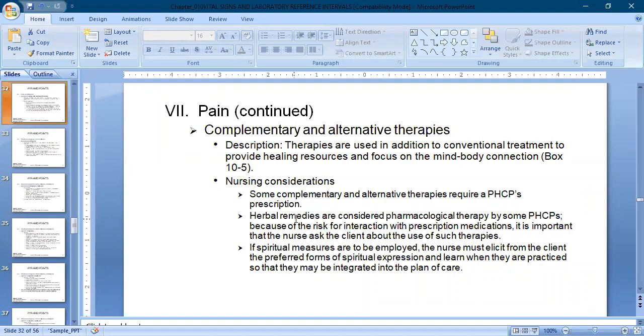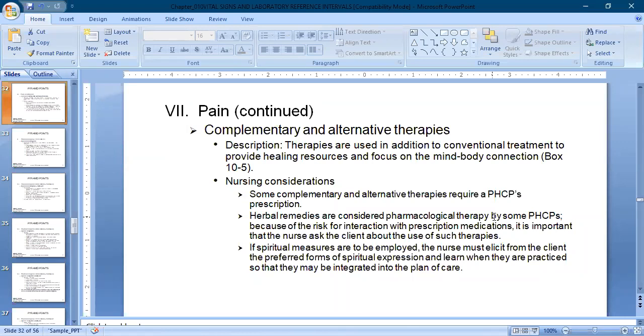Herbal medicine or medication is considered pharmacological therapy by some healthcare providers. But always, if your patient takes an herbal, we have to talk to the doctor because some herbal medications interact with other medicine, right?